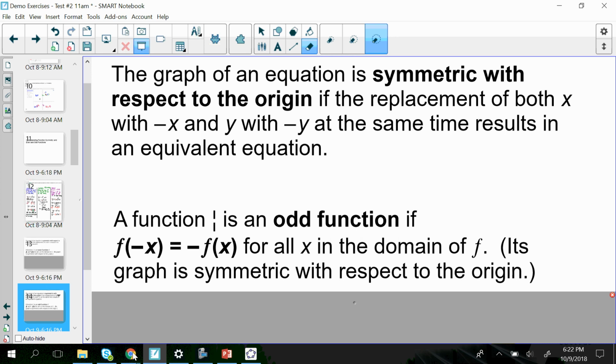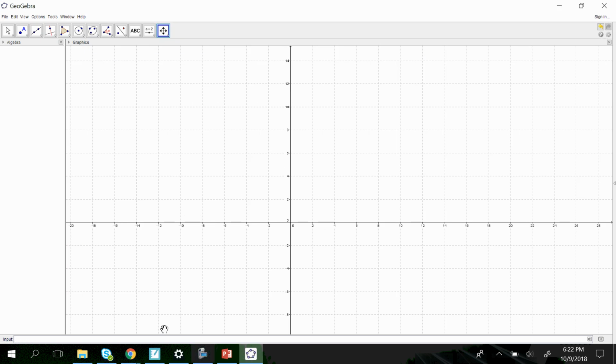And what does that really mean when you graph these? So let's look at the graph of an odd function. So let's look at f of x equals x cubed. This has origin symmetry. Notice that if I put on the point, actually let's start with positive, 1, comma 1, right there.